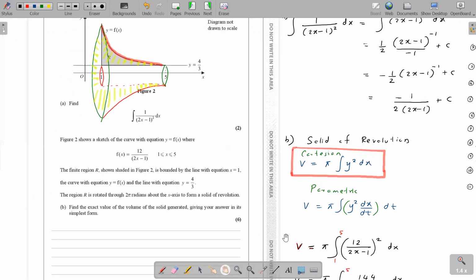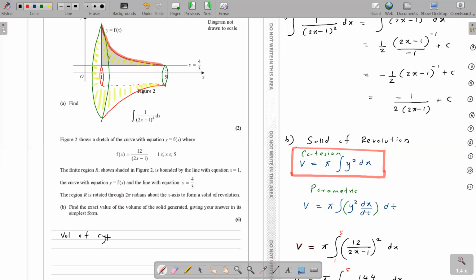For the cylinder, you don't need to go with πy² dx, because you can see here it's the line y = 4/3 that is rotated to create the cylinder. Basically, you could go for the volume of a cylinder directly by using πr²h, right?